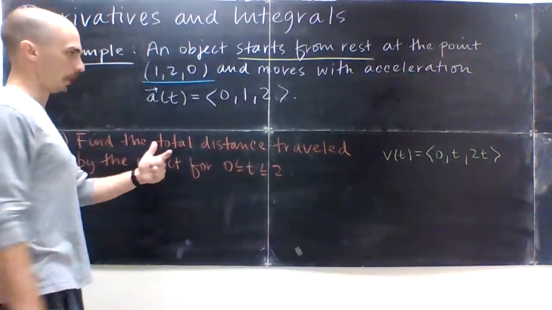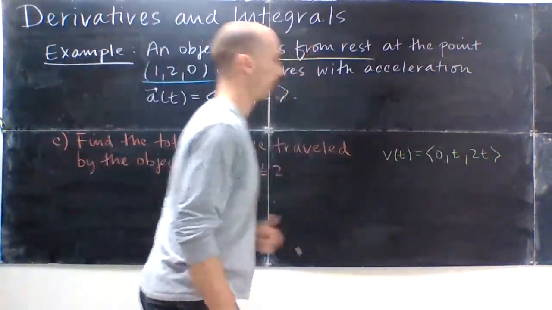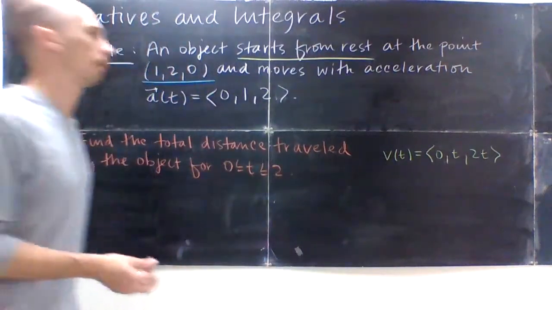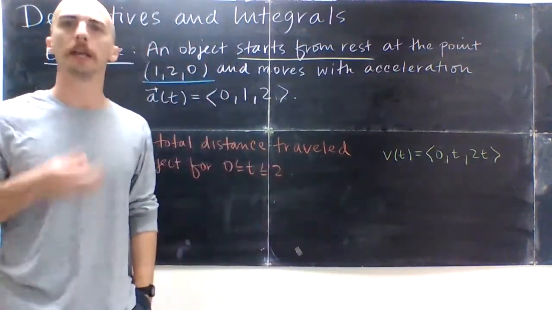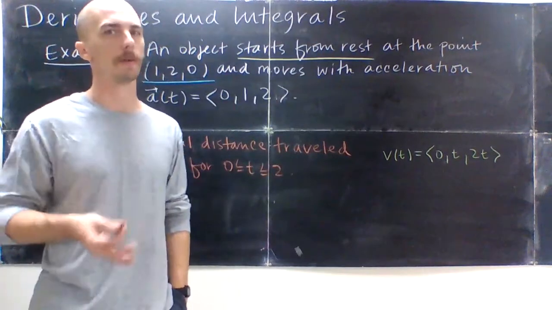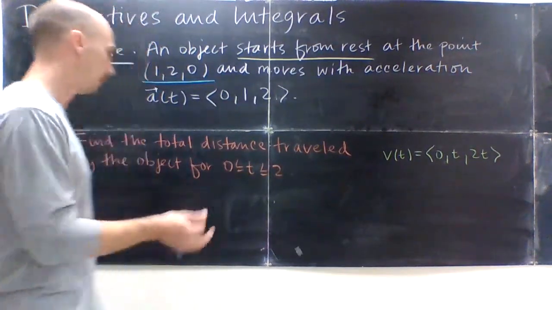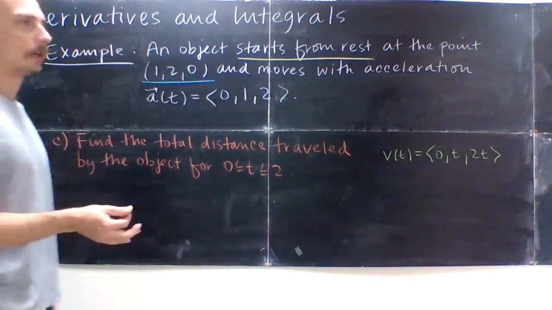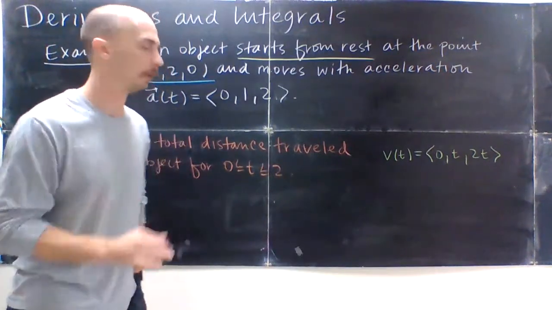I'm going to integrate the absolute value of the velocity function. Now, because I need a number, right? This total distance traveled is a number, not a vector. So I need to be integrating a real valued function, not a vector valued function.